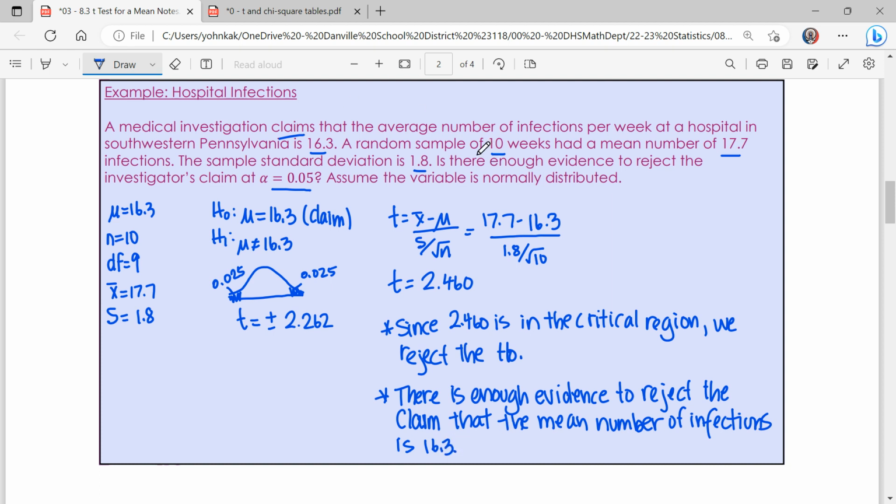We can answer the question, is there enough evidence to reject the claim? And the answer is yes.